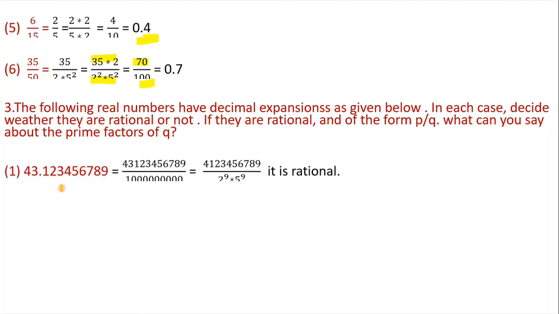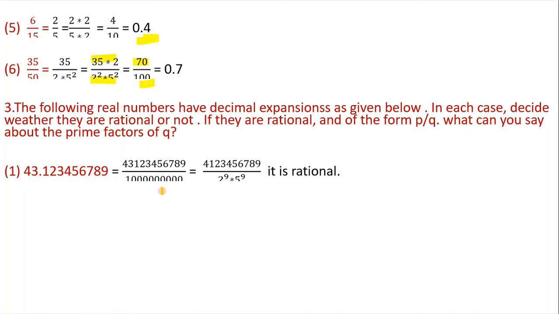43.123456789. It seems like it has a decimal expansion which is terminating. So I can write this as 43.123456789 divided by, I can count how many digits are there after the decimal point. So 1, 2, 3, 4, 5, 6, 7, 8, 9. So I write 10 power 9.